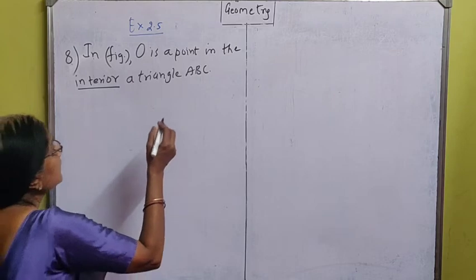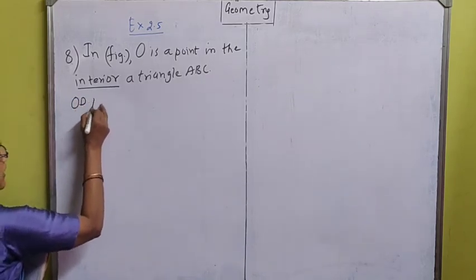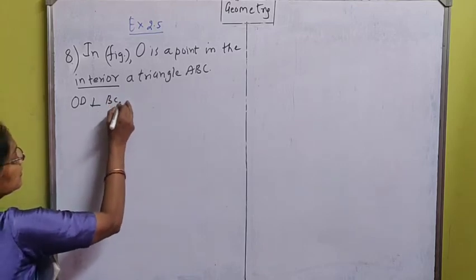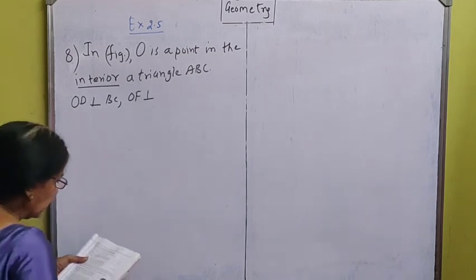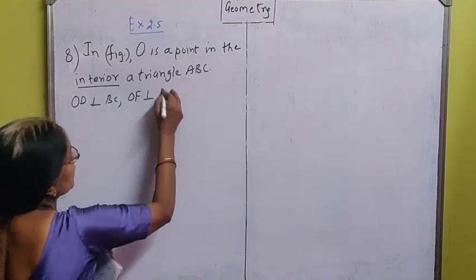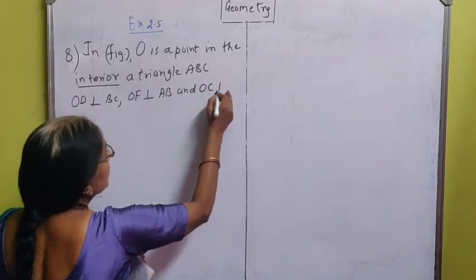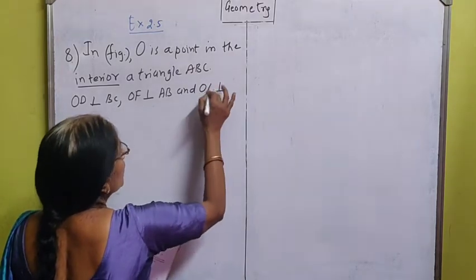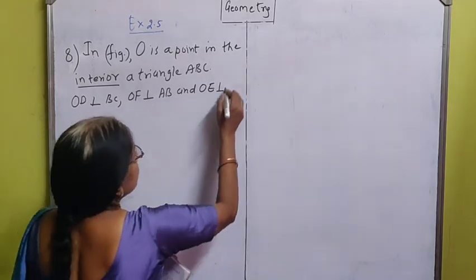And what other thing is given? OD is perpendicular to BC. OF is perpendicular to AB. And OE is perpendicular to AC.